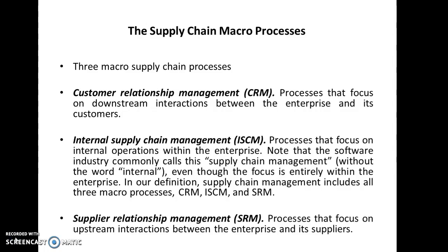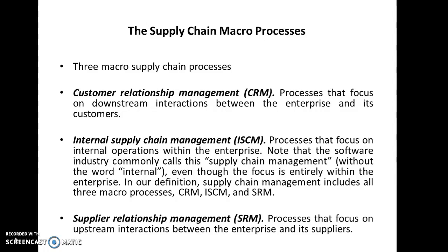The information technology in supply chain management will record all types of transactions that take place in all these three supply chain macro processes, that is CRM, ISCM, and SRM, and provides a baseline for further analytics in supply chain management to improve the performance of the supply chain system.